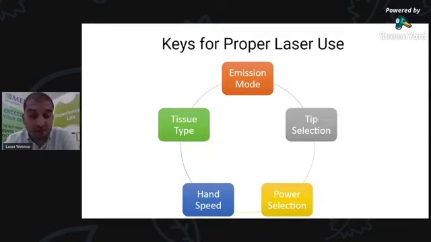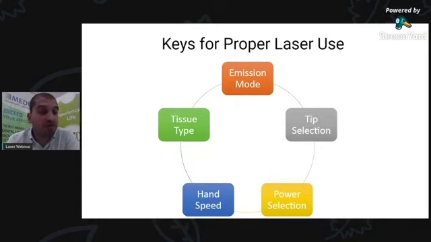The fourth trick that I use a lot is my hand speed. Let's assume that we are working with the same power, the same emission mode, the same tip, and the same tissue.